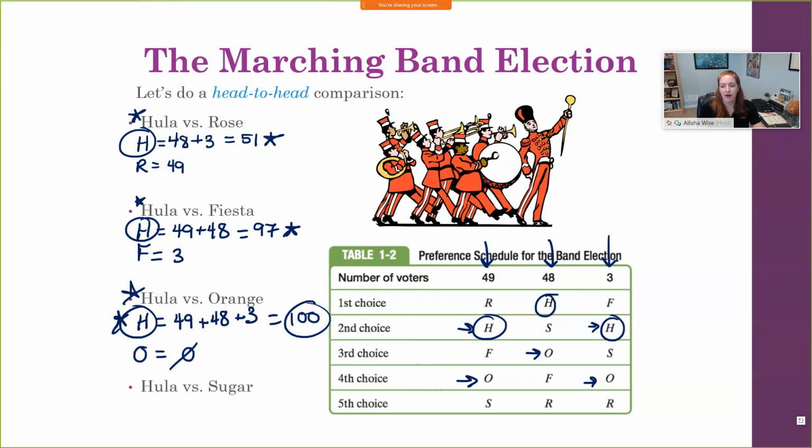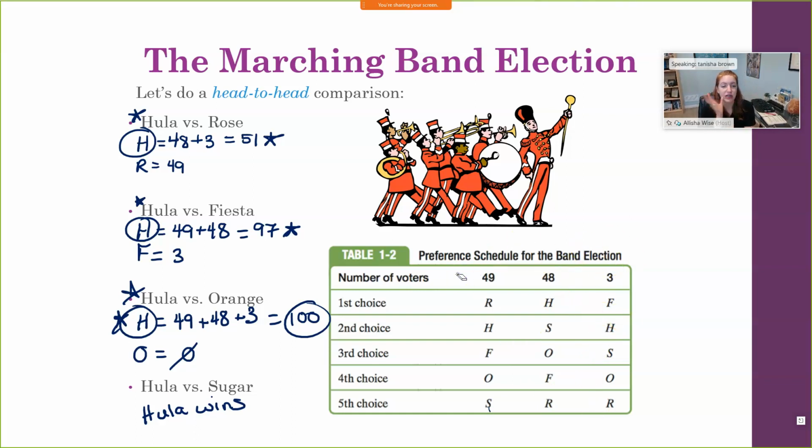So when you think about this, I'm not going to do hula versus sugar. You guys can try that out, but spoiler alert, hula wins. Exactly.